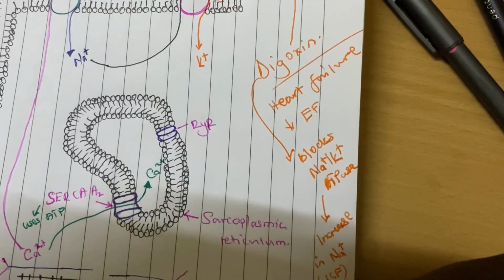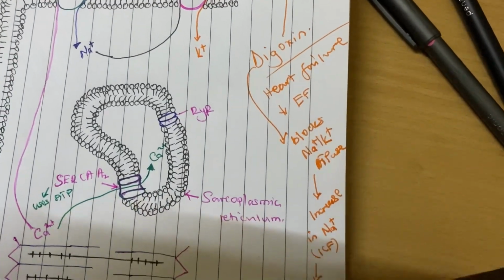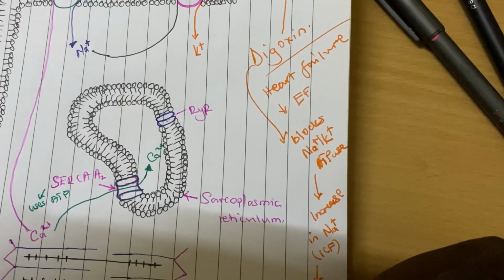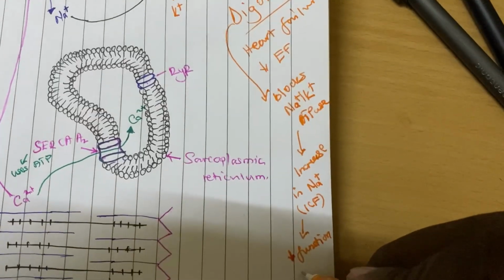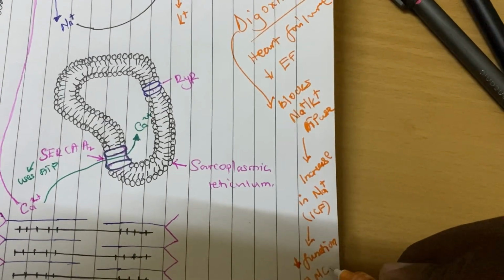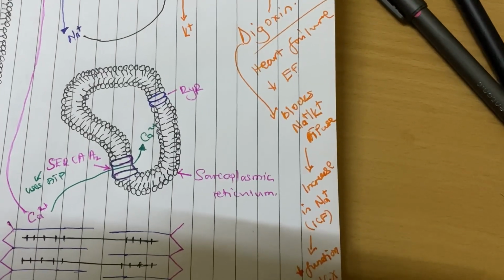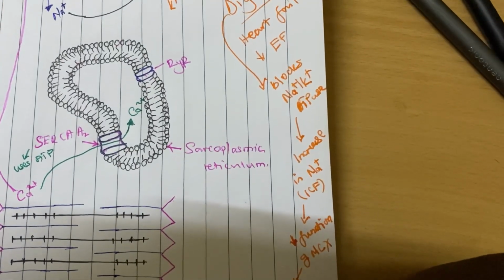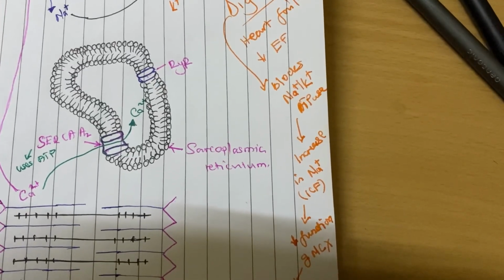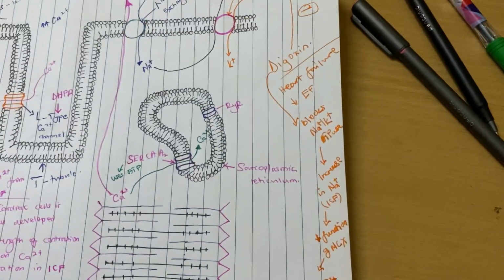And what is the next result? Decreased function of sodium calcium exchanger, and the final result is increased intracellular calcium content. That is how it works. That's how digoxin works.